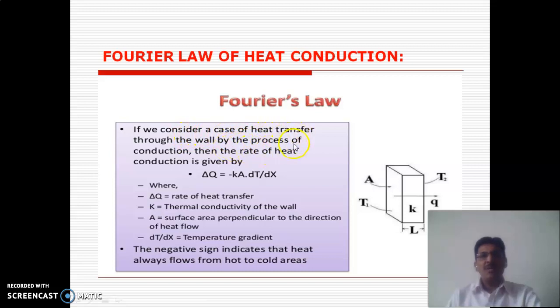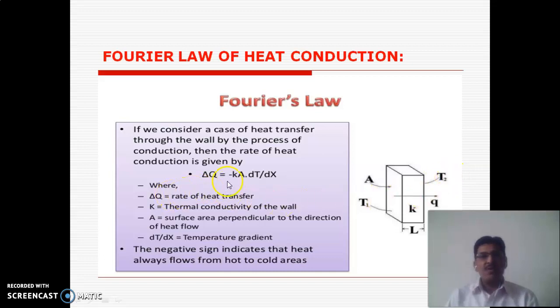According to Fourier law, if you consider heat transfer through a wall by conduction, then the rate of heat conduction is given by dQ equal to minus K A dT by dx. Here in this figure you can see a wall having thermal conductivity K with thickness L. One side surface temperature of the wall is T1, the other side is T2.